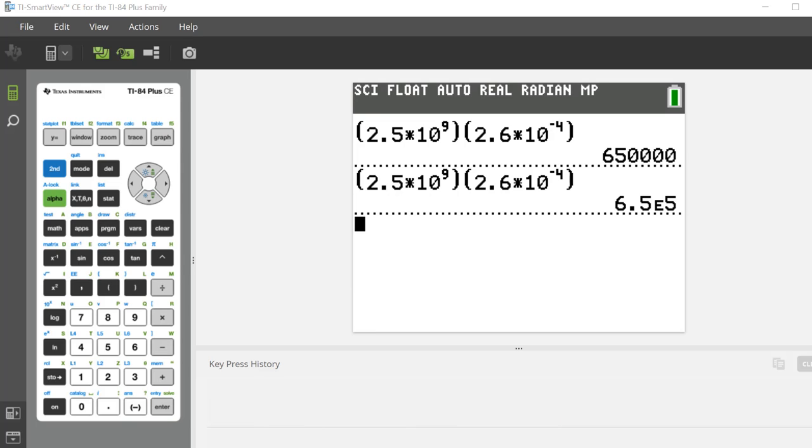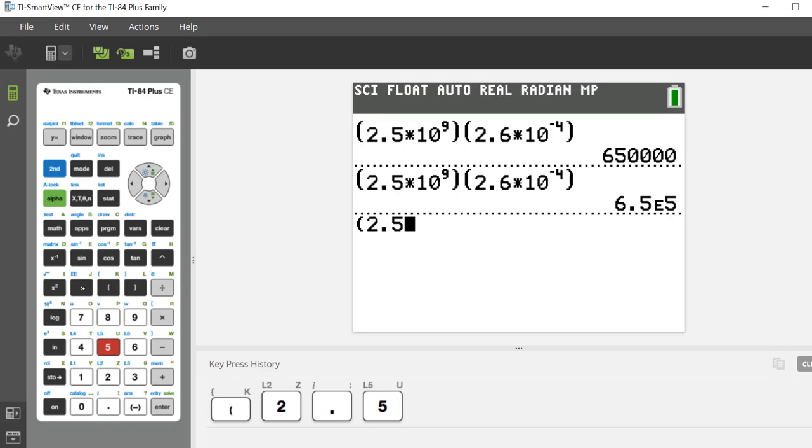So here's another quick tidbit. If you didn't want to type times 10 to the ninth, watch this. 2.5. See the EE above the comma that's above the 7? It's in blue, so I'm going to hit second and then the EE.